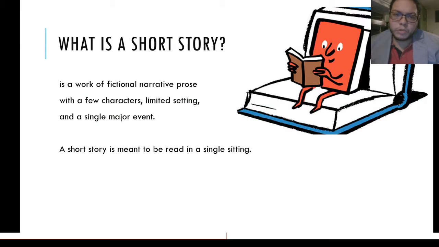What is a short story? Well, a short story is a work of fictional narrative prose with a few characters and limited setting and a single major event. A short story is meant to be read in a single sitting, so that means it should be short. Short stories should be short.